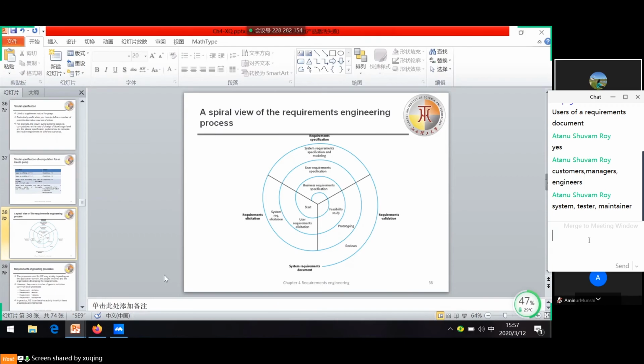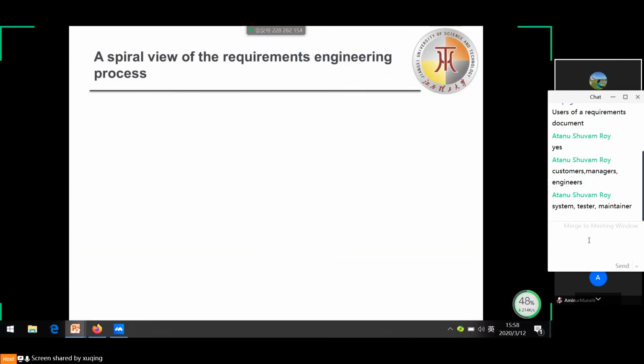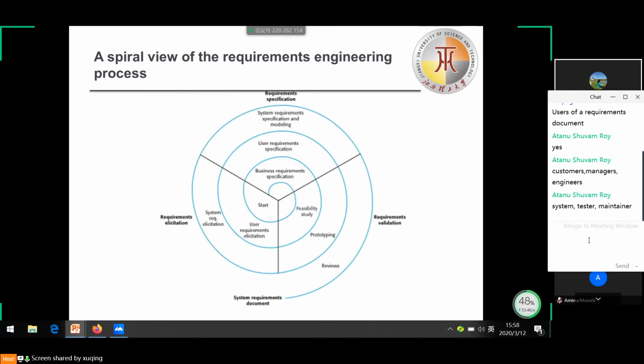And now we'll continue with the requirements engineering process. Here, we have a spiral view of the requirements engineering process like this. And in the second chapter, we also talked about the requirements engineering process, and we said that it includes 4 activities.